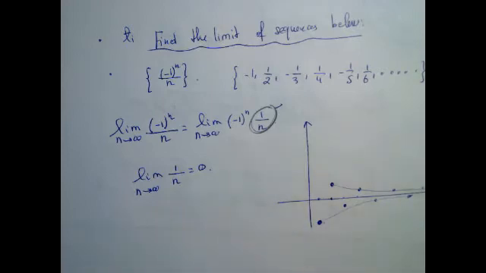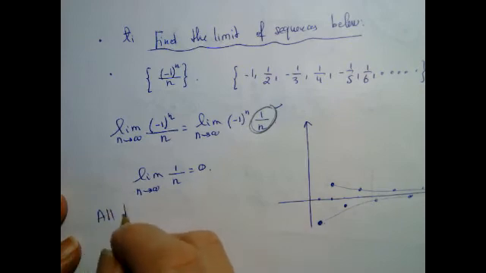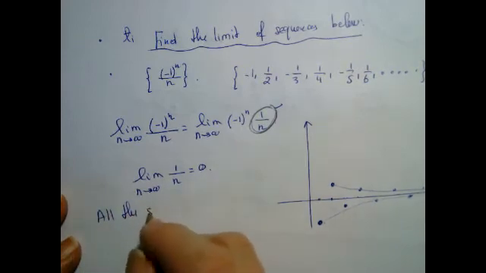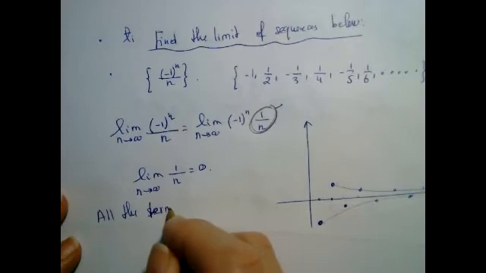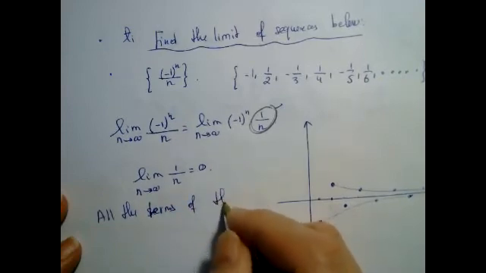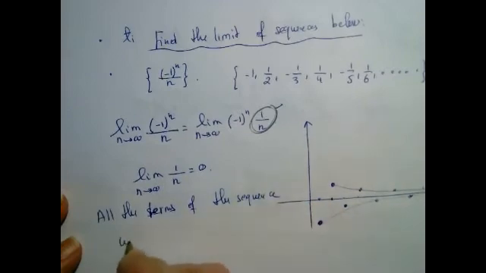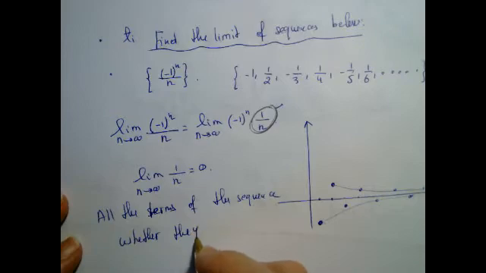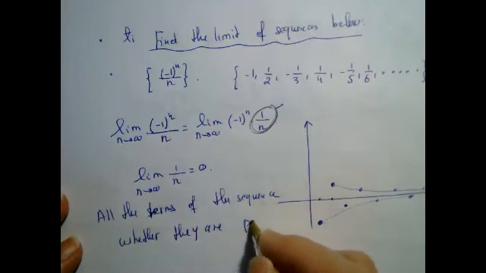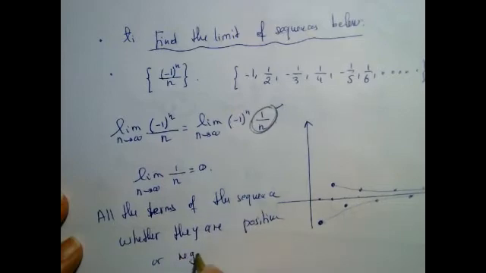So here, all the terms of the sequence, whether they are positive or negative, are approaching 0.